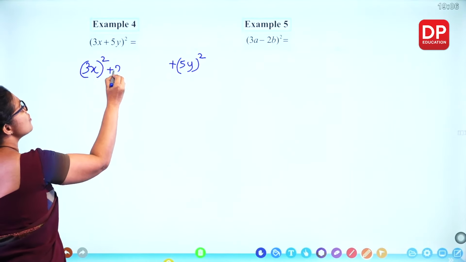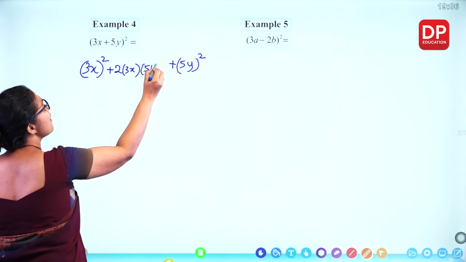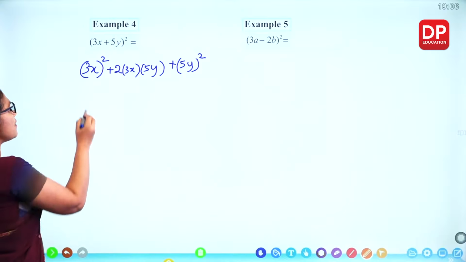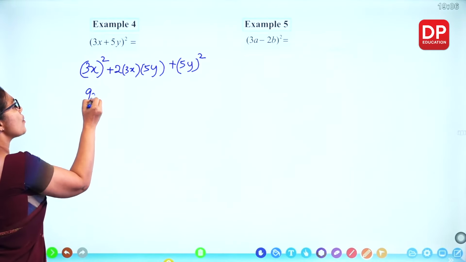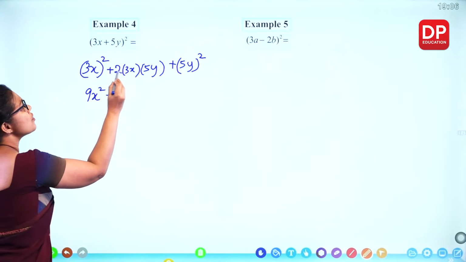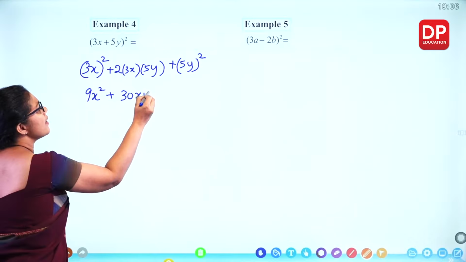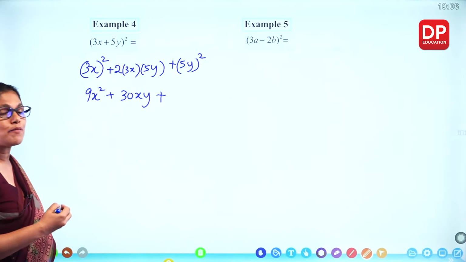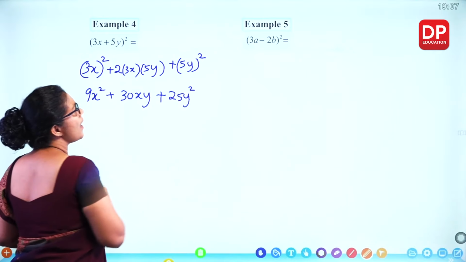Double of 3x and 5y. So when you simplify, what do you get? 3x times 3x, 9x squared. 2 times 3, 6, 6 times 5, 30xy. 5y times 5y, you get 25y squared.